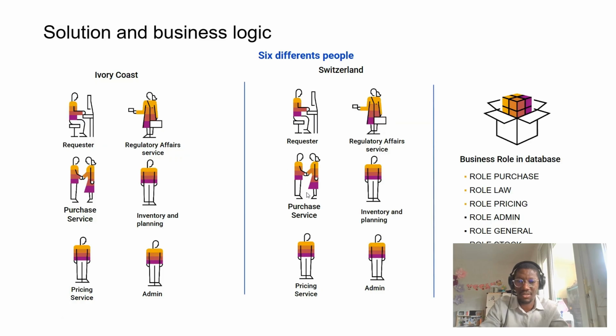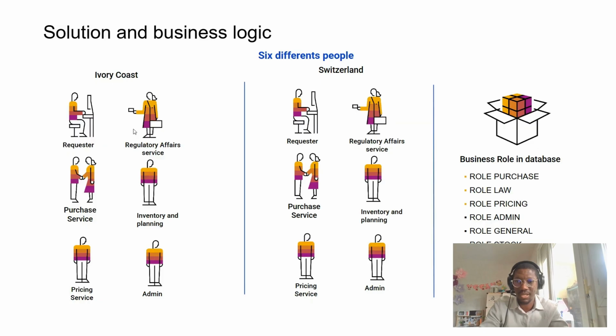Also, a purchase service here cannot approve a request made in Switzerland. A purchase service in Switzerland cannot approve a request made in Ivory Coast. Also, an admin here cannot approve a request made in Switzerland. The admin in Switzerland cannot approve a request made in Ivory Coast.